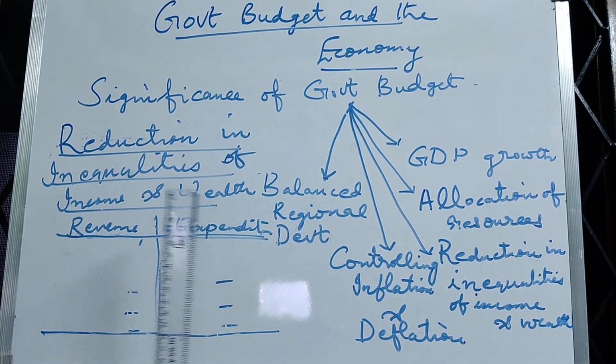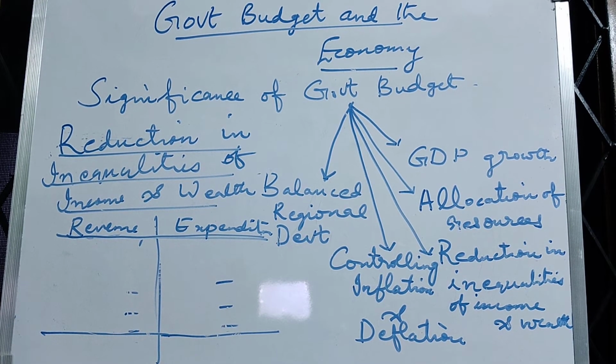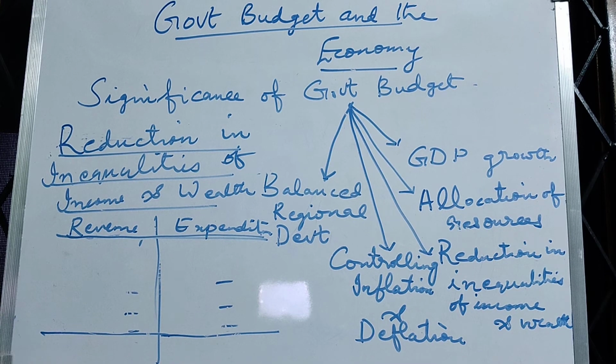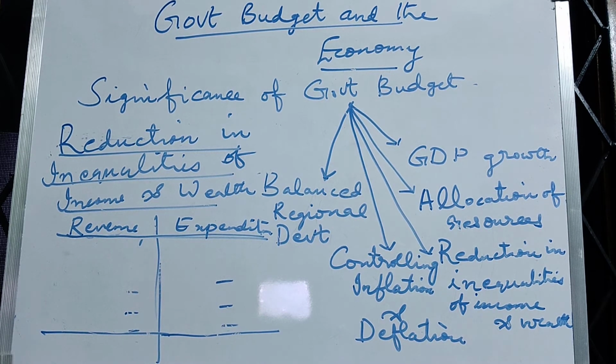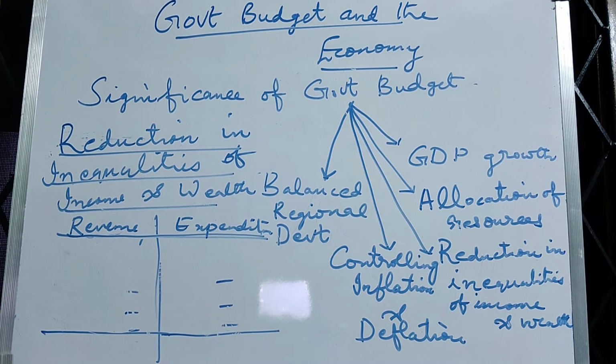You can see in our economy, there is a large section of people who are extremely poor and a small section of people who are extremely rich. This is known as economic divide, and this economic divide is very clearly found in our country.